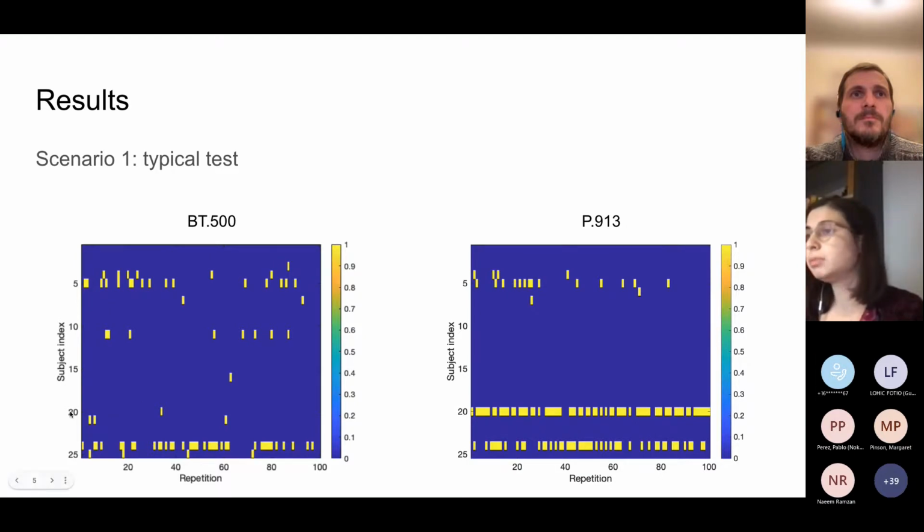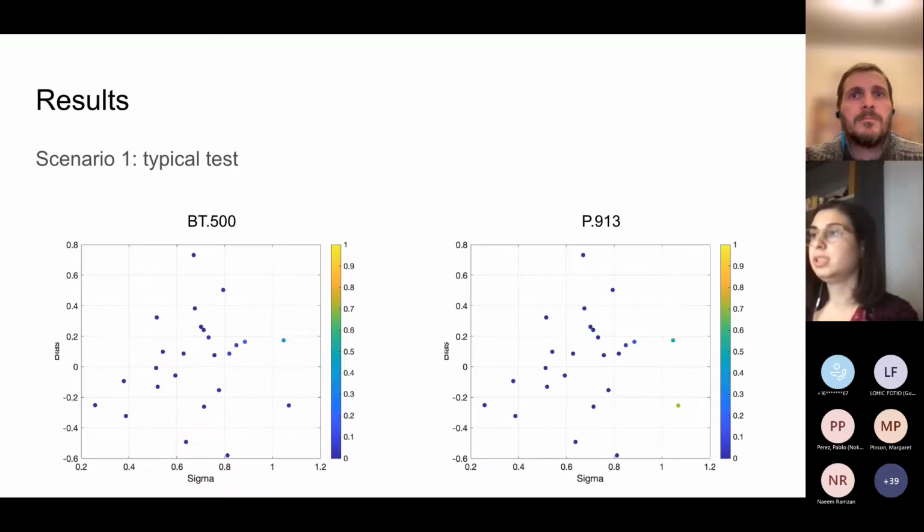But we can see that, for example, subject 20 is considered pretty consistently an outlier by P913, but BT500 is only detecting it as an outlier once in the 100 repetitions that we do. So there are already some discrepancies without doing any scrambling in the test that we have conducted.